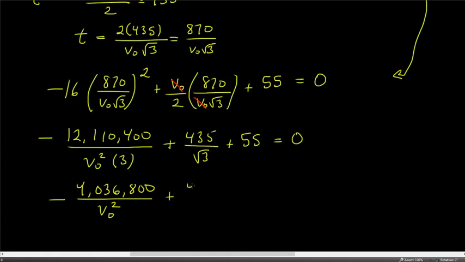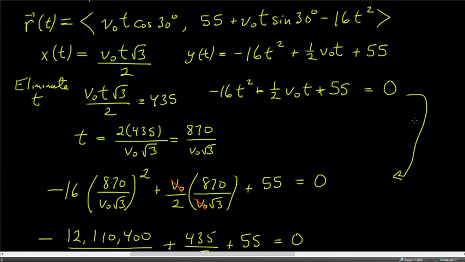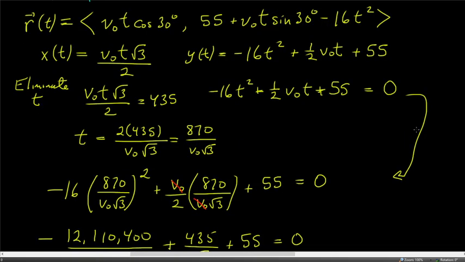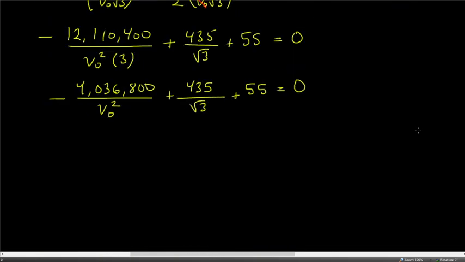And yeah, I'll just bring all this down. Okay. So this is an equation in V0. I think we'll just subtract everything on both sides here. So they're both going to be negative, right?